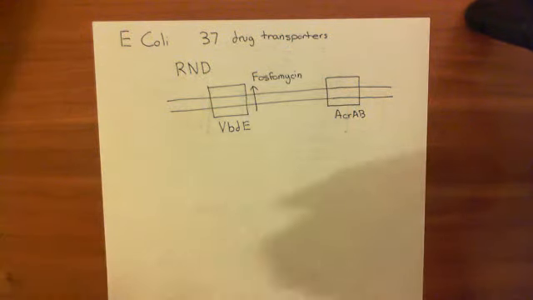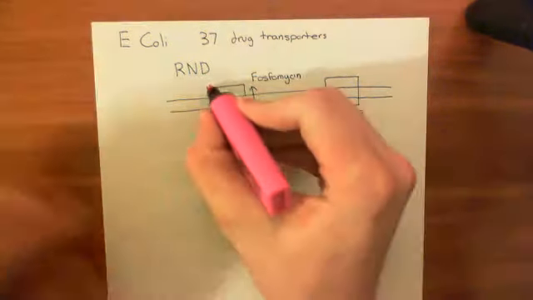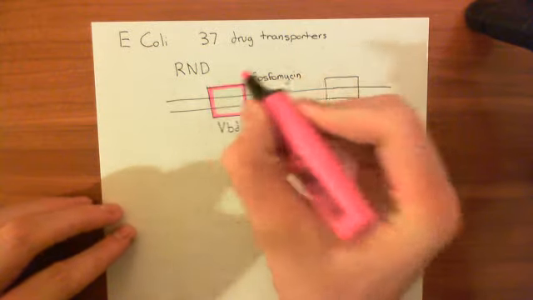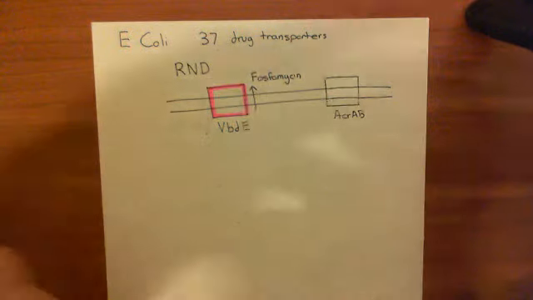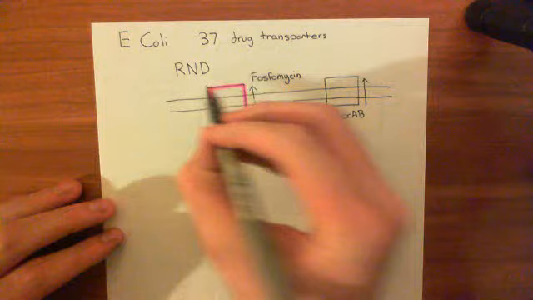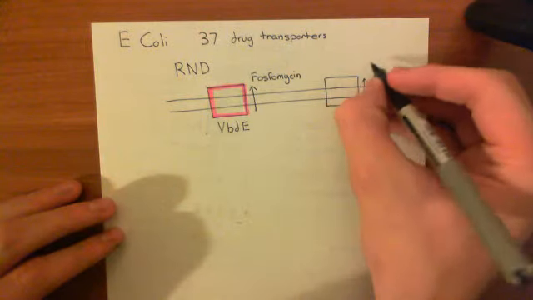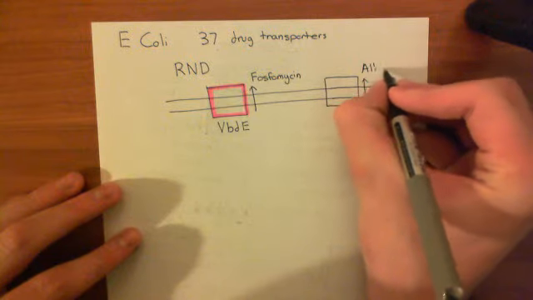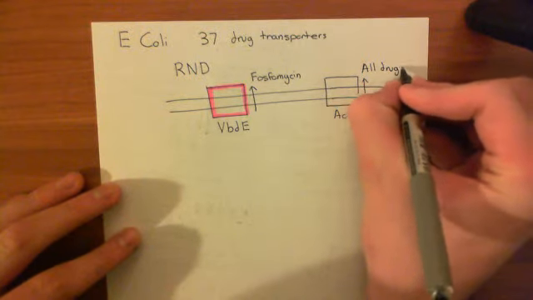So basically, you have drug transporters which are extremely specific, which merely transport one drug out. And then you have other drug transporters in the same family. These are both RND, resistance modulation cell division transporters, that transport nearly all drugs known, basically.